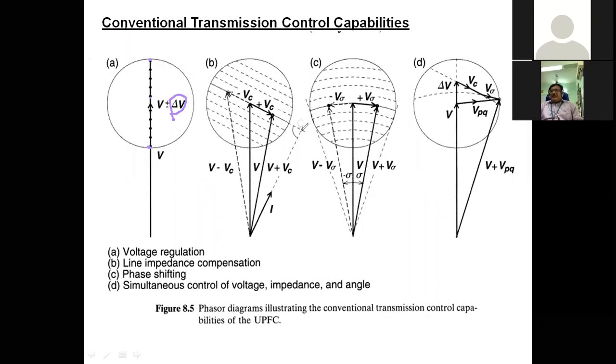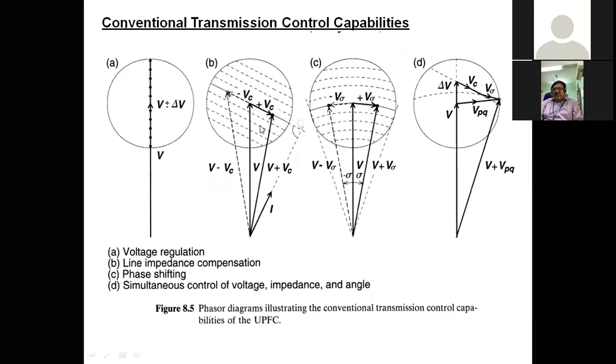You can see that the voltage injected is 90 degrees, that is leading. So here the voltage is controlled just by injecting voltage in series, in phase or out of phase. That is the first one. Voltage regulation is done here.